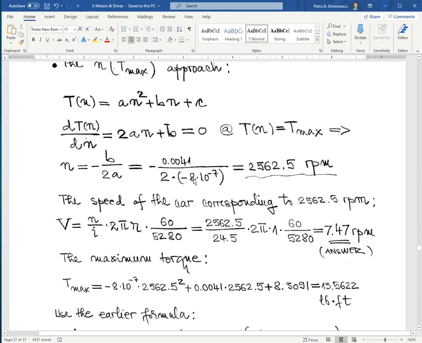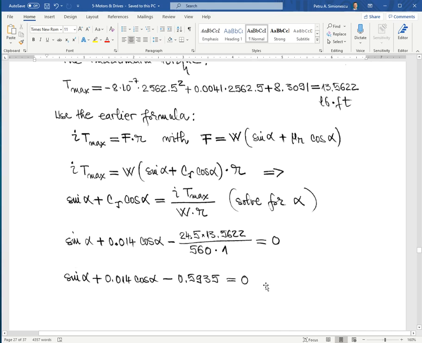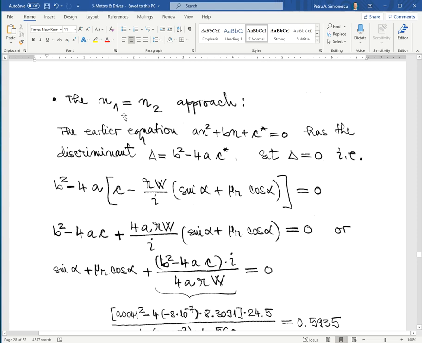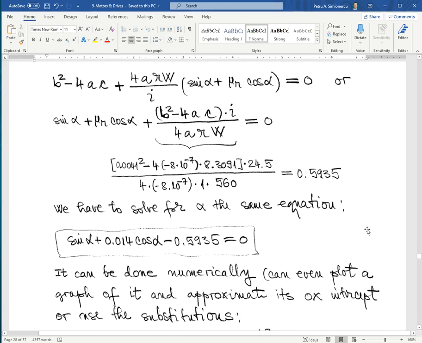I explained the first part with calculating maximum torque, and then the other approach with discriminant equals 0. It's detailed here, and of course the solution should be the same.